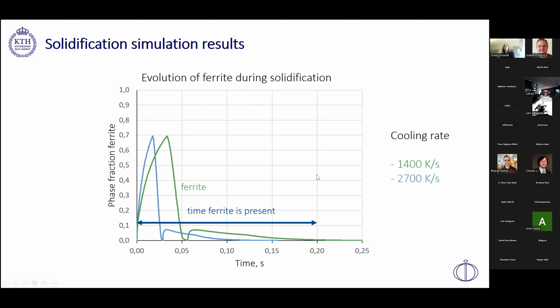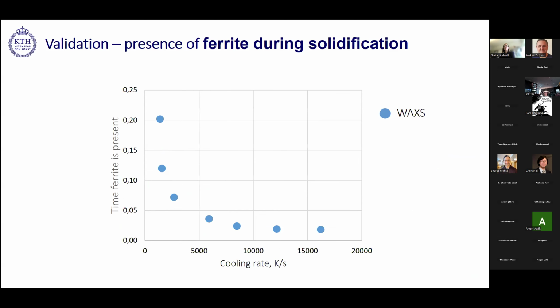and then we can do these simulations for several cooling rates. So here for a higher cooling rate, 2,700 Kelvin per second, we can see that the time the delta ferrite is present during solidification is shorter, and then we can do this for the solidification velocities of interest and see how the delta ferrite time decreases with cooling rate.